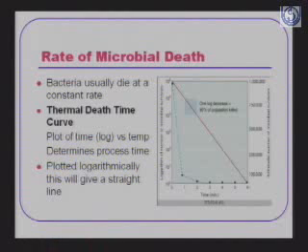So as you keep on giving heat treatment, with the increase in time, the microbial count will decrease at a constant rate. And the curve plotted is the thermal death time curve. It is the curve plotted between the log of time versus temperature on the x-axis. It will help to determine the process time, that is the thermal process time to kill the microorganisms present in food.